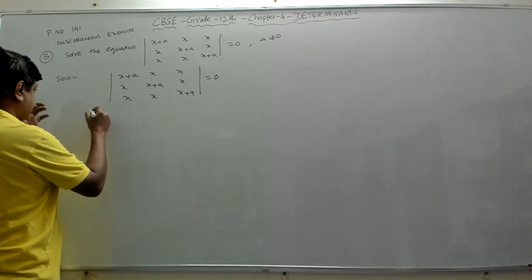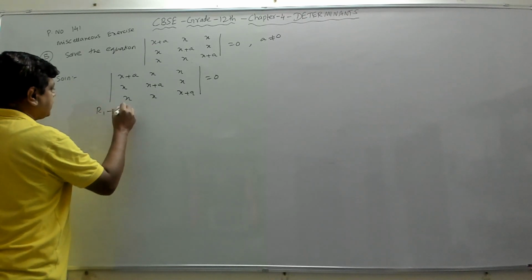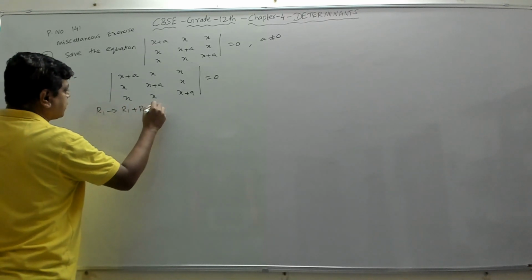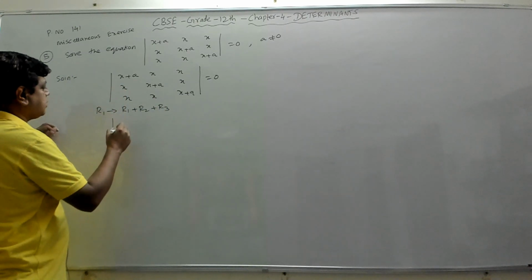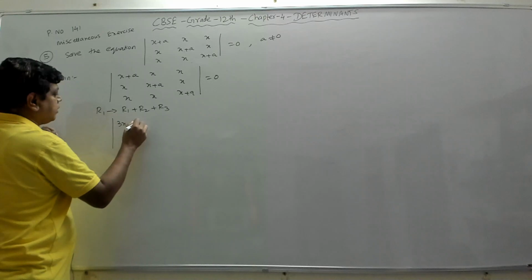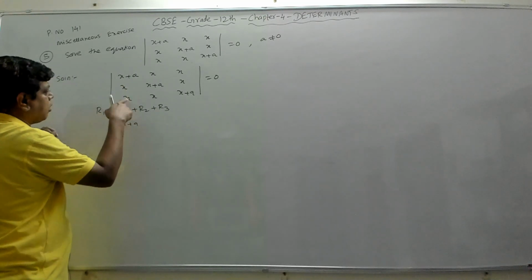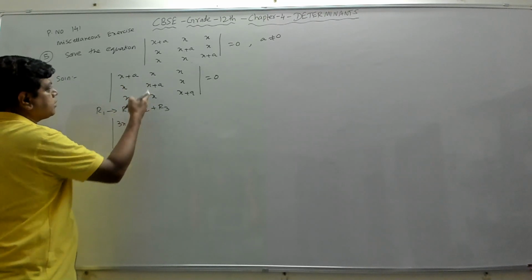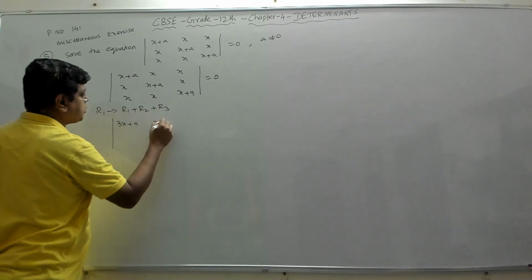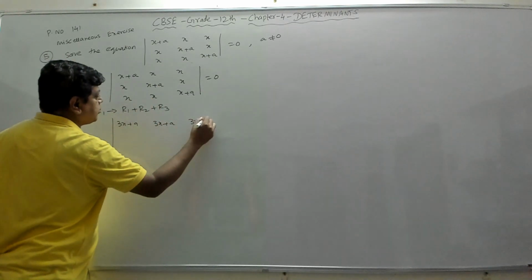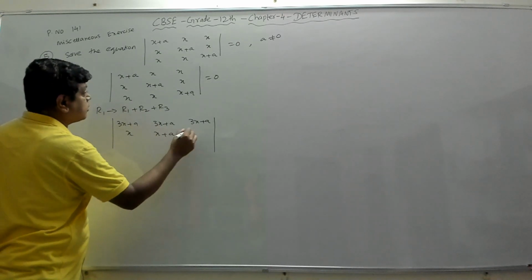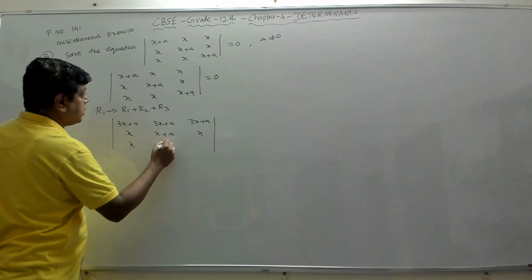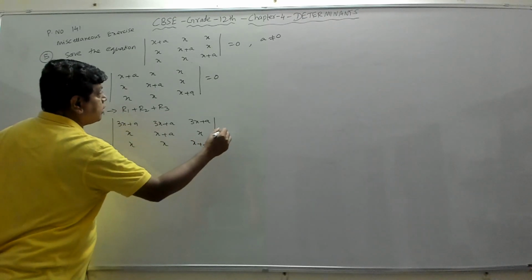So we will do the operation R1 implies R1 plus R2 plus R3. If you do this, the determinant becomes 3x plus a, 3x plus a, 3x plus a in R1, because R1 plus R2 plus R3 goes into R1. The other two rows I am writing as they are, equal to 0.